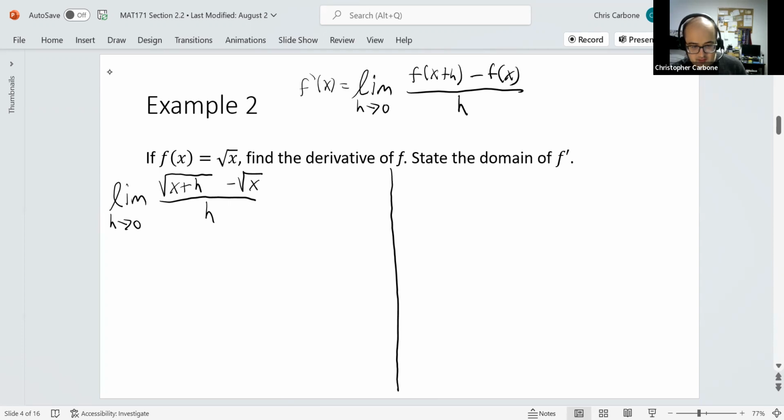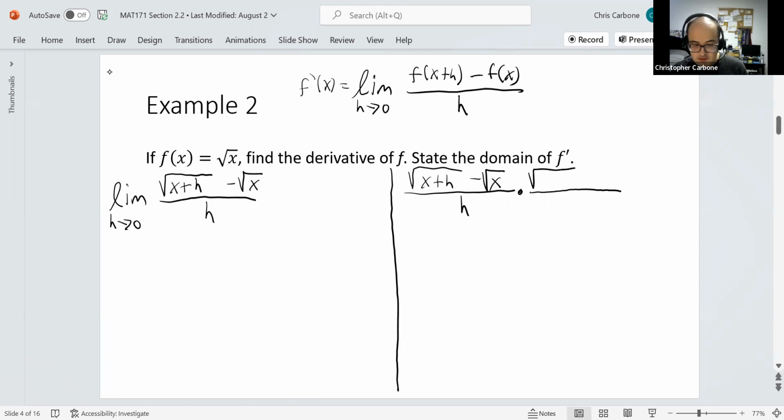So let me just rewrite this function here first. The square root of x plus h minus the square root of x, divided by h. In order for this to be simplified enough for the derivative, we need to rationalize the numerator, by using the same terms in this numerator, but instead of this subtraction, we're going to have a plus.